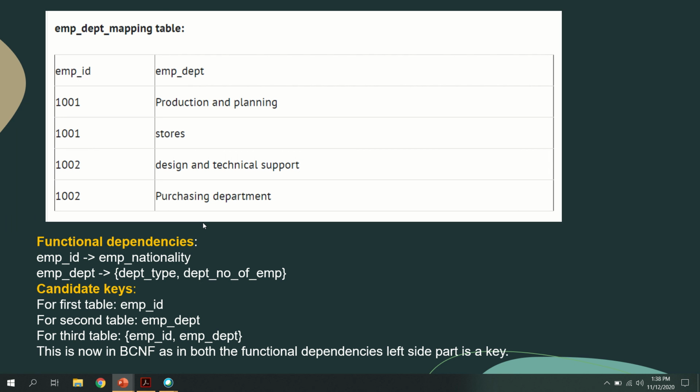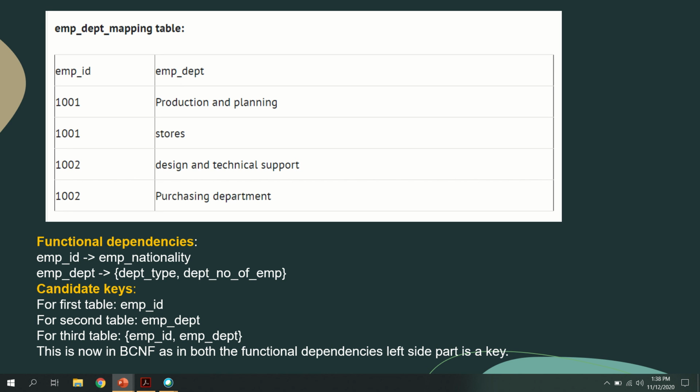Candidate key means it is an attribute which can uniquely identify each and every row inside the table. Here we decomposed our original table into three tables, and we are just explaining which are the candidate keys for the three tables. For the first table, employee ID alone is the candidate key because it can uniquely identify the row.